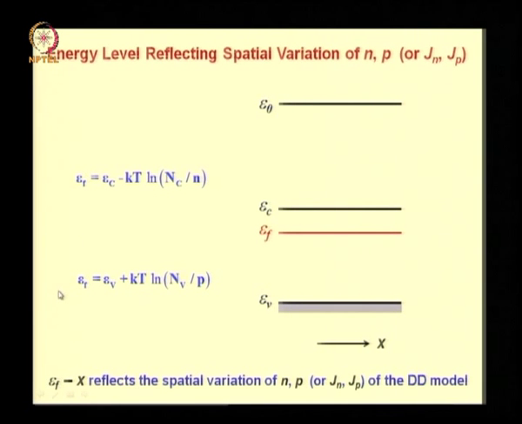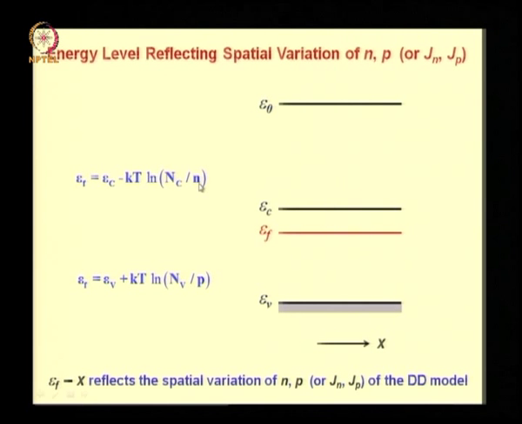And similarly, the same EF can also be written as EV plus KT into ln of effective density of states in the valence band divided by the hole concentration. So here we are reflecting this difference EF minus EV in terms of the hole concentration, and we are reflecting the difference EC minus EF in terms of the electron concentration. These relations you would have come across already in the first level course.